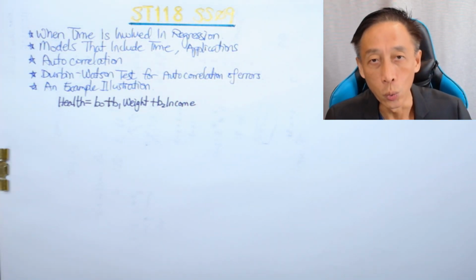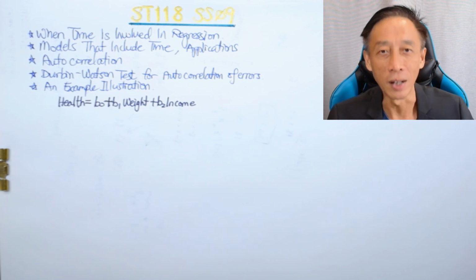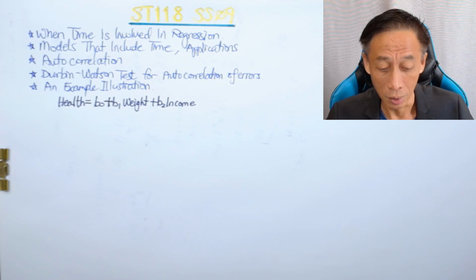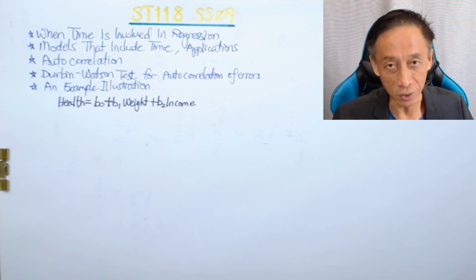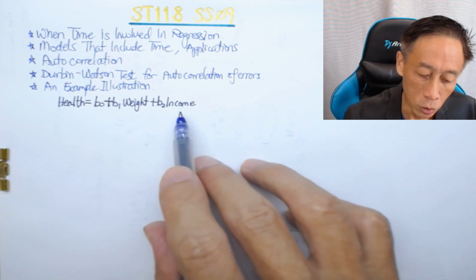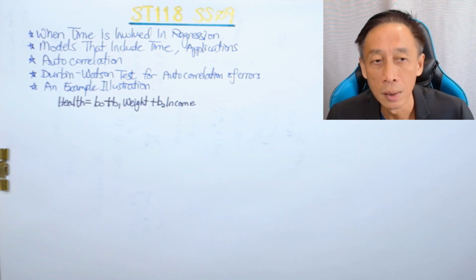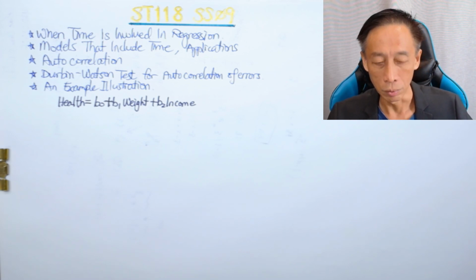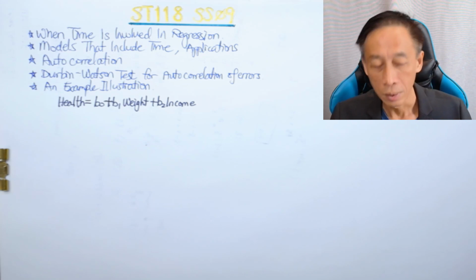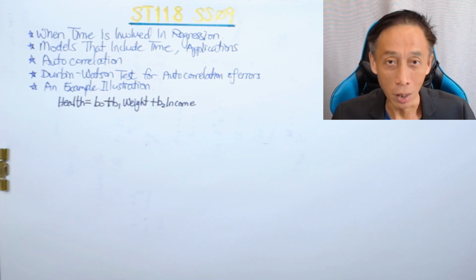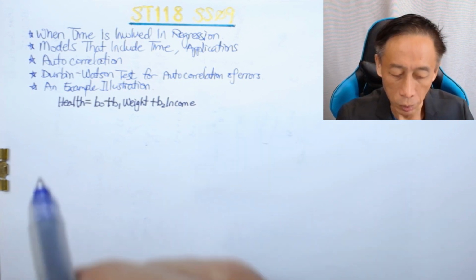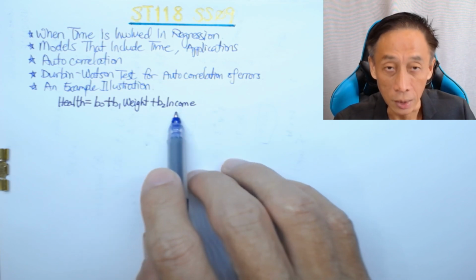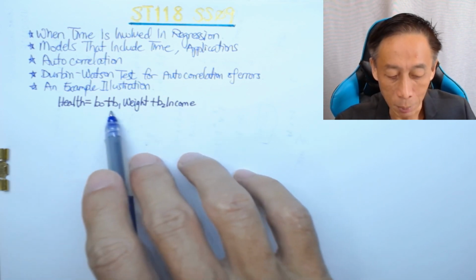We all know the weight of a person affects the person's health a lot; obesity is one such problem. If you're overweight, it affects your health. We might also say that if the person is unwell and has high income, then they can afford to correct their weight and thereby improve their health. So we look at this as a health index, the higher the better, with weight and then income. We are trying to establish this relationship.